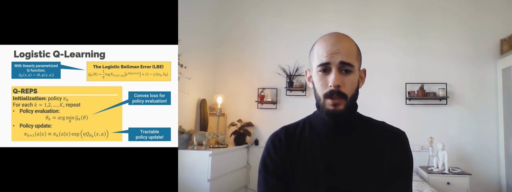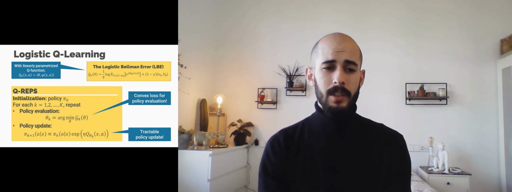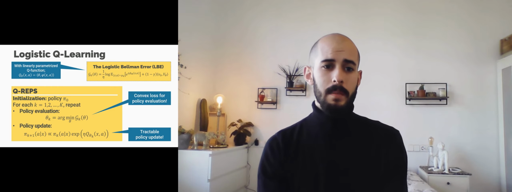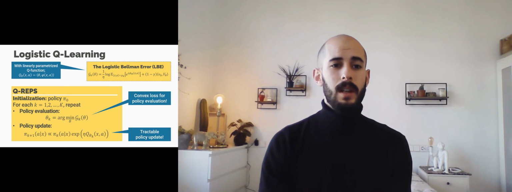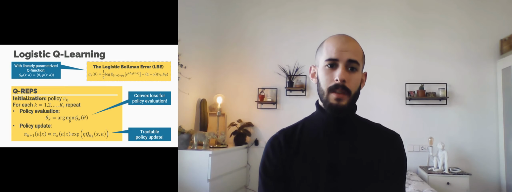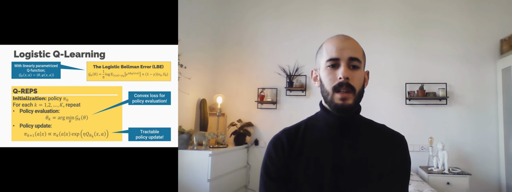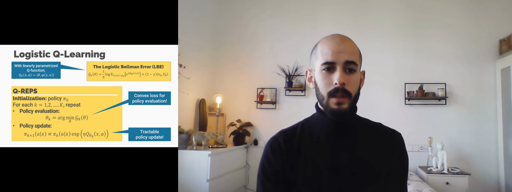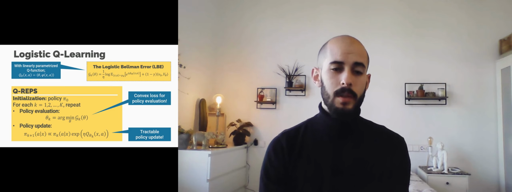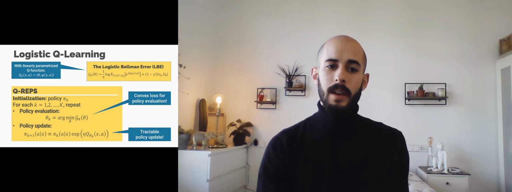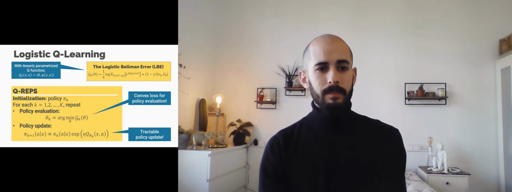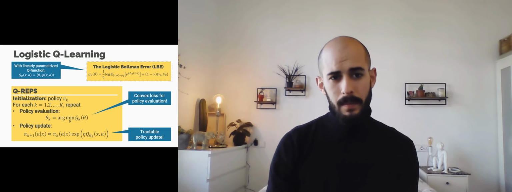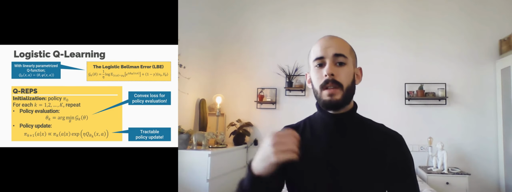Then, using this loss function, we present the following algorithmic scheme. First of all, we have to say that here the Q functions are linearly parametrized. So they are the inner product between a weight vector, theta, and a feature vector, phi, that is defined for every state and action pair. In this Q-REPS algorithm, we start with a policy pi 0, and then it works in iterations.